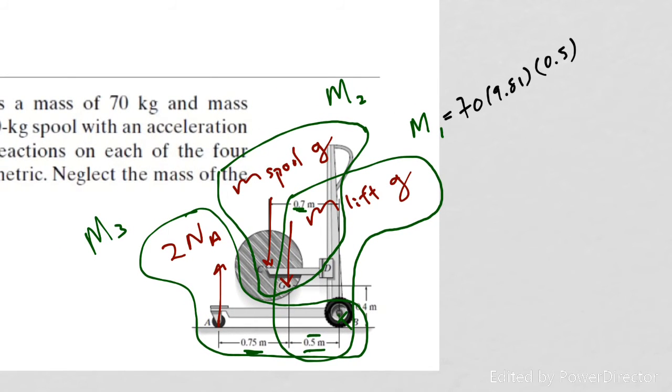And look at that carefully. If you're still not able to identify the rotation direction of the moment, I always encourage you to do something like that.